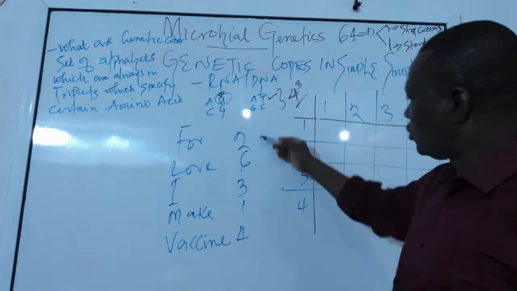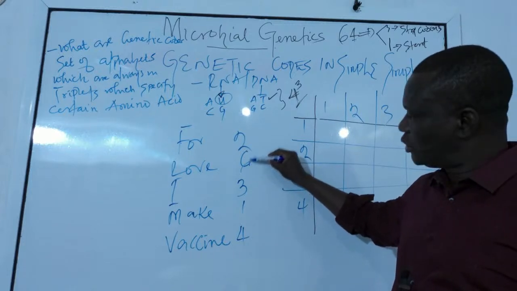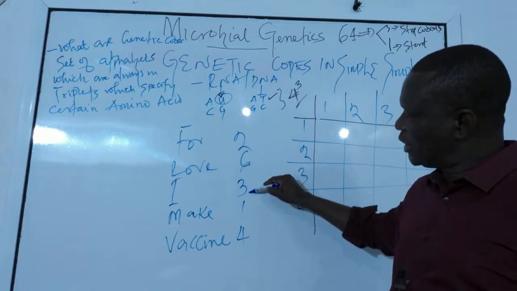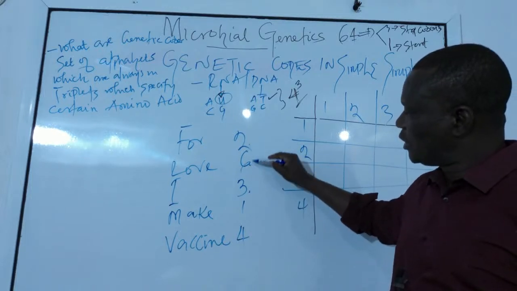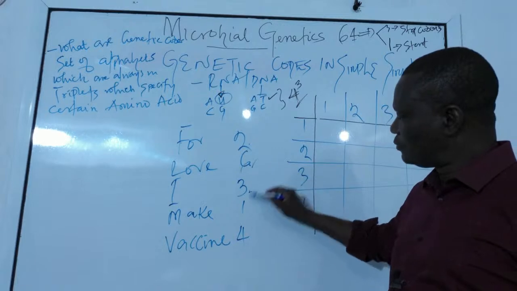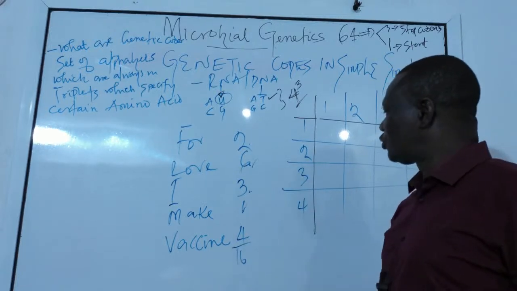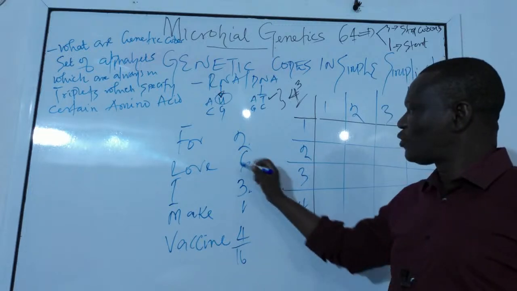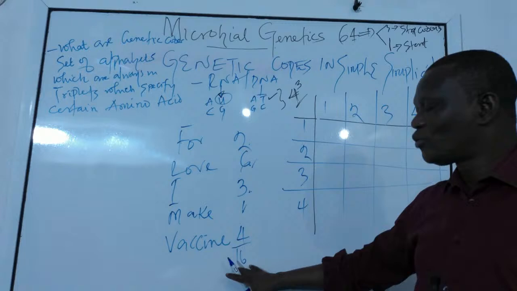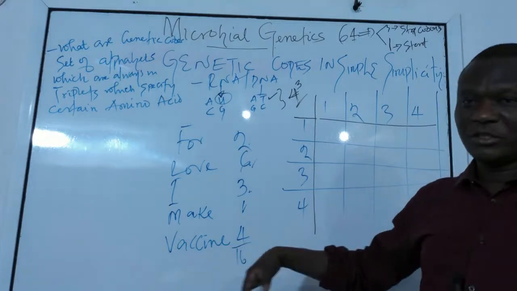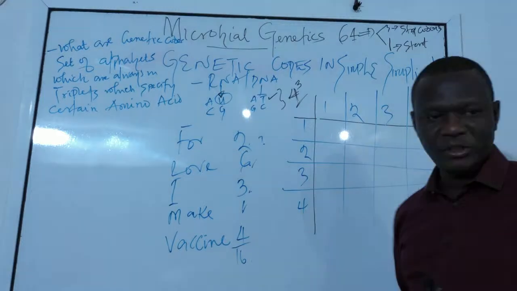When you add them, 2 plus 6 is 8, plus 3 is 11, plus 1 is 12, plus 4 is 16. So the set of your combination of words should be equal to 16. Wherever it is not equal to 16, you will know that definitely something is wrong.